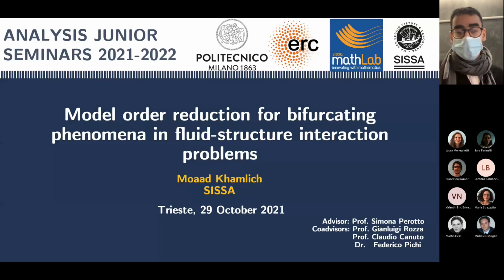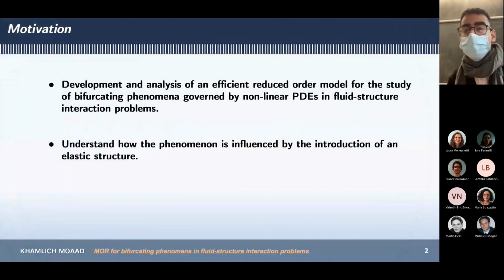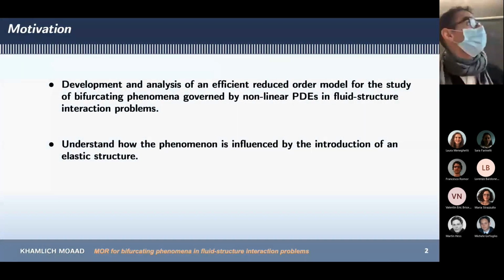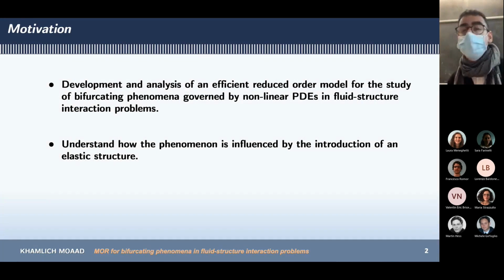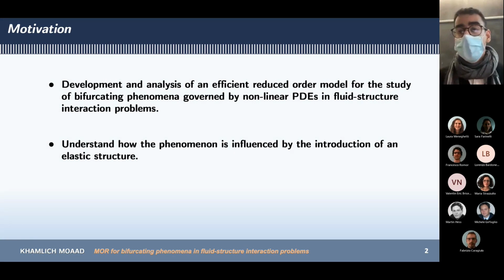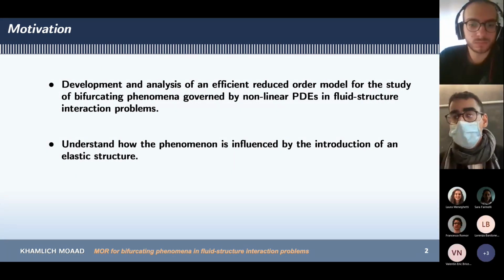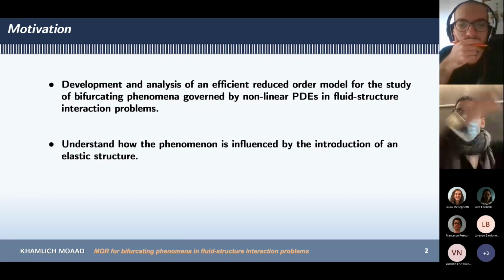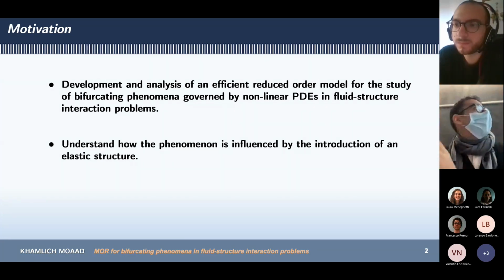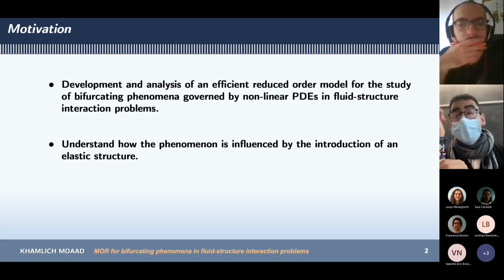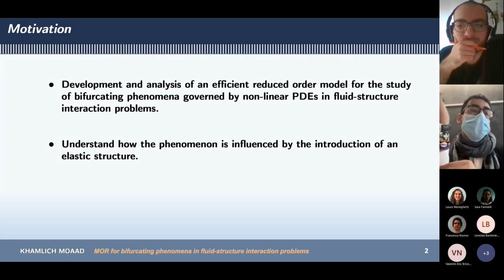today's presentation will be about my master thesis project, which has been carried out within the MATLAB group at CISA, and it concerned the application of reduced order models for the analysis of bifurcation phenomena in the context of nonlinear partial differential equation.